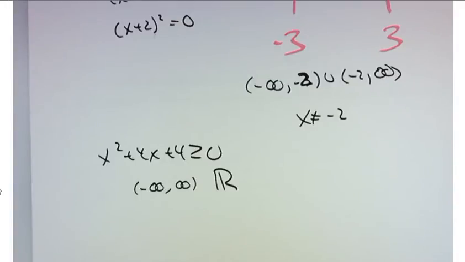Okay, let's move on to rational inequalities. So let me throw out some handouts here. 3, 4, 5. Help out. Kyle, can you help out? 3. And pass on to Abdul.